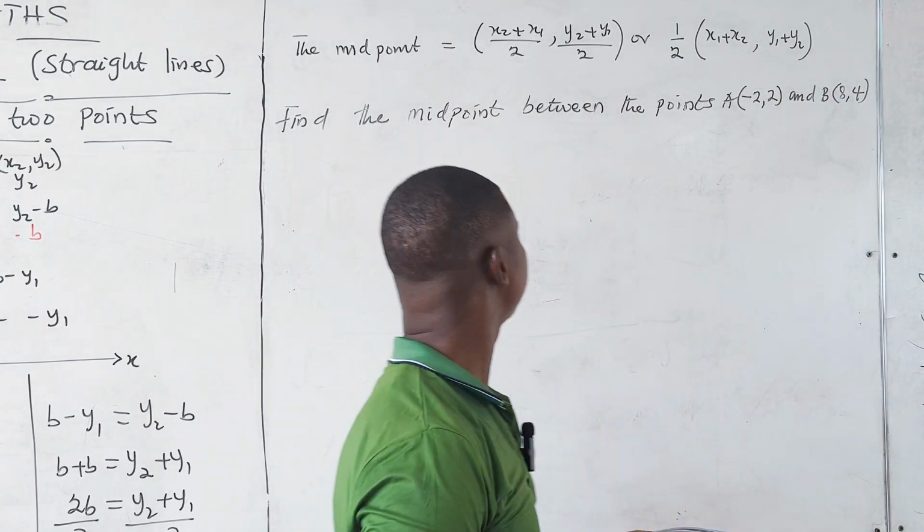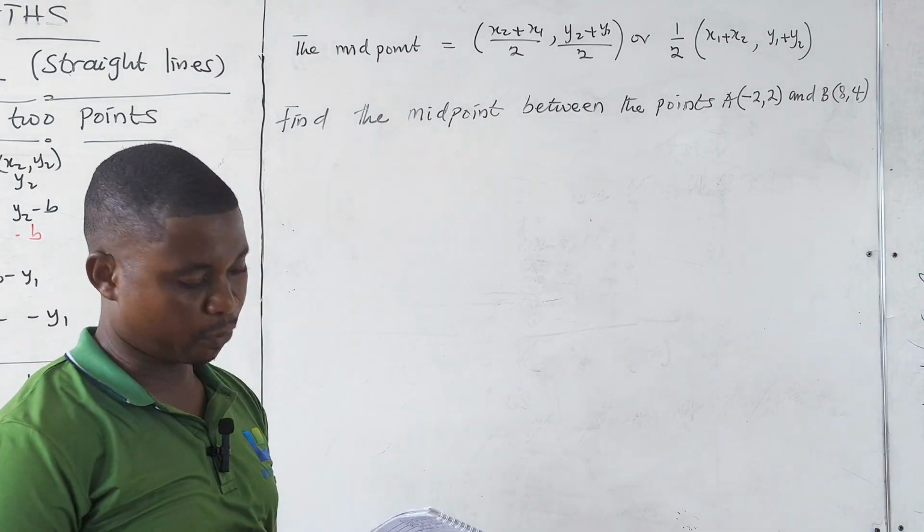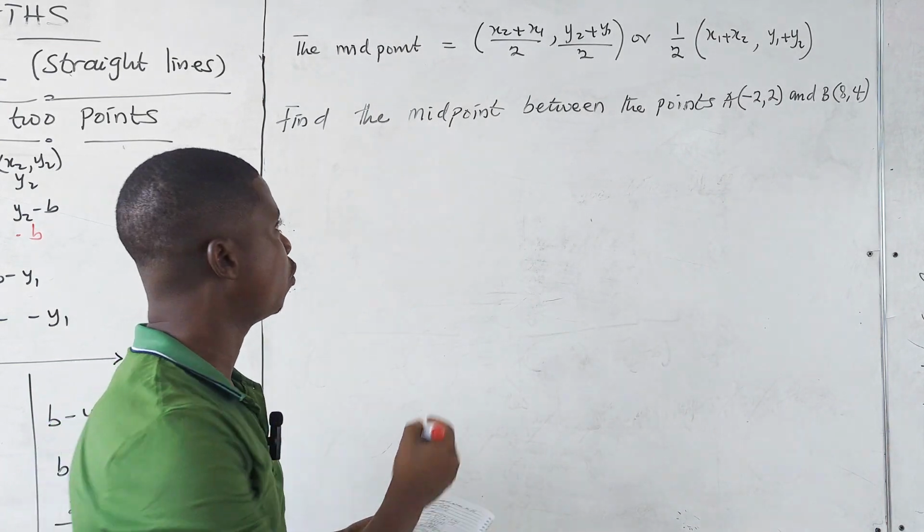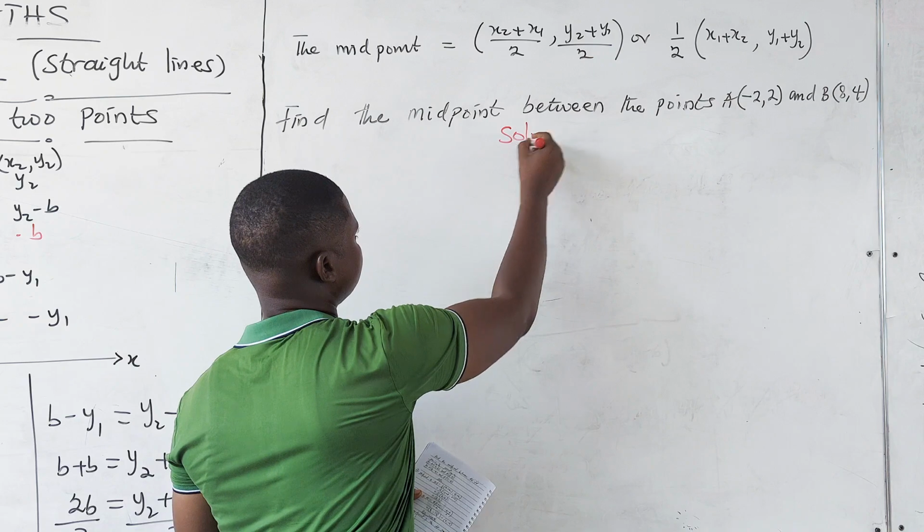So that is the question. We are supposed to find the midpoint between the points (-2, 2) and (8, 4). Now let's look at that.